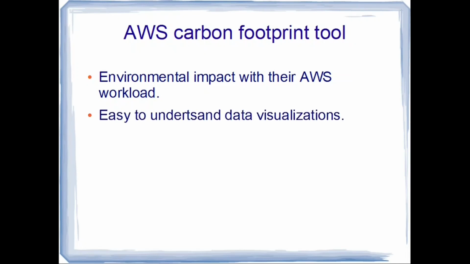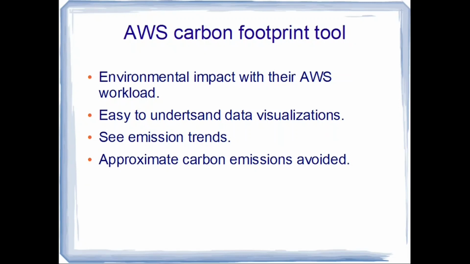In this tool, AWS provides easy to understand data visualizations. With that, customers can see the history of carbon emissions from their workloads. They can see their emission trends based on the services they are using, based on their consumption for now.